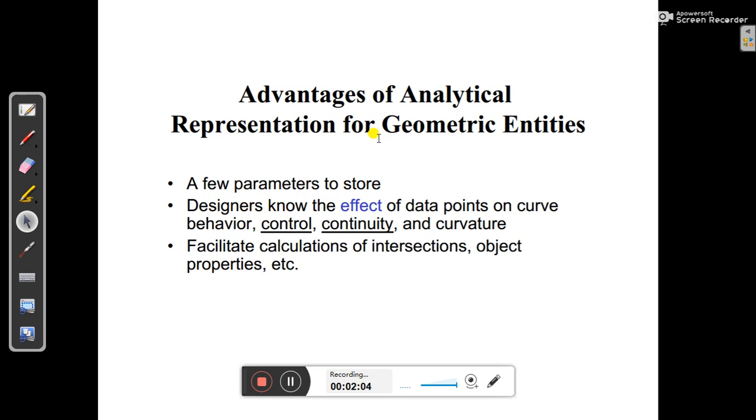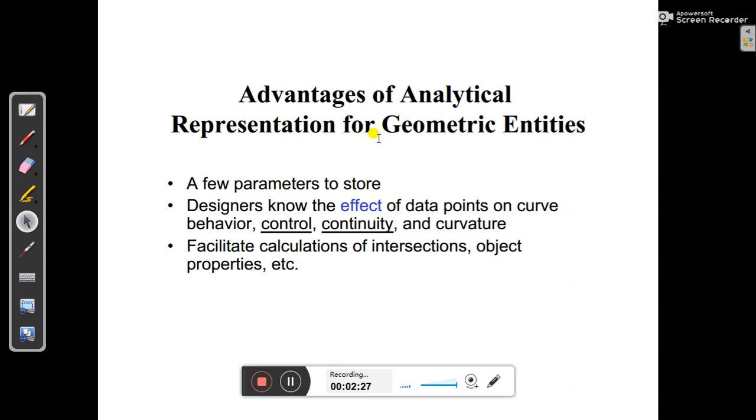So we need to provide some analytical representations for geometric entities so that some parameters can be stored. Designers know the effect of data points on curve behavior, control, continuity, and curvature.